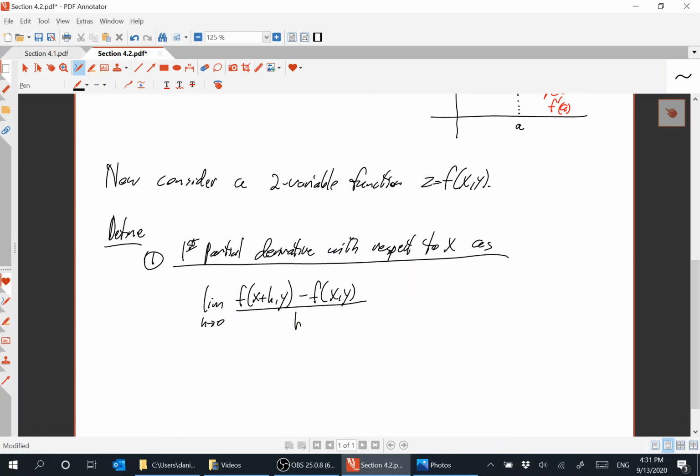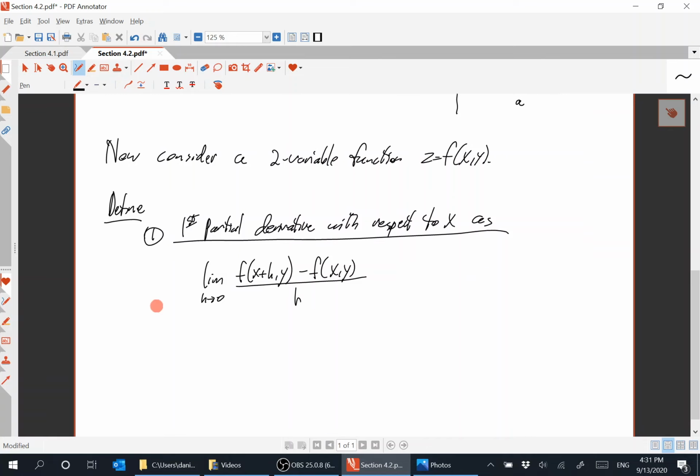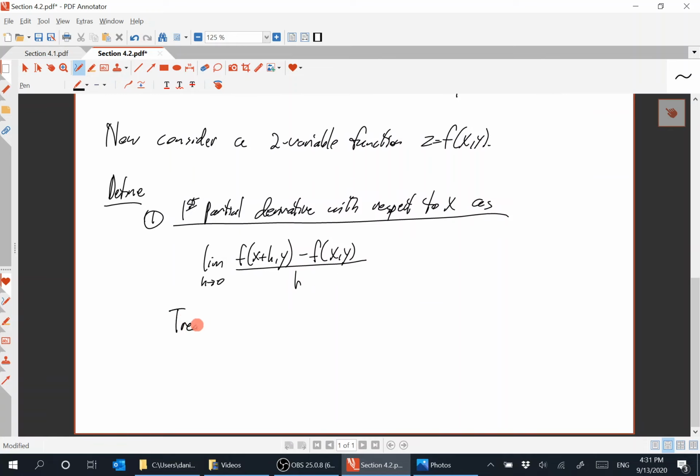So in this limit, the x is varying because you're adding h to the x component. The y is staying constant. So treating y as a constant, so the limit, not that you choose to do that, it is that.